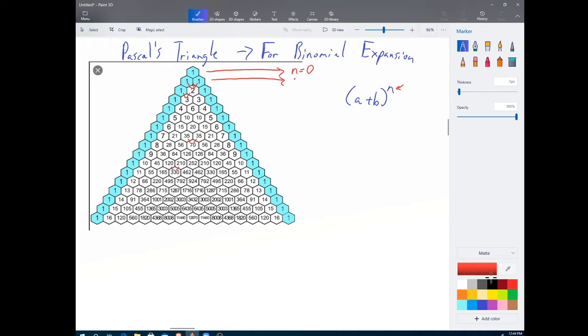This is going to be my n equals 1 row. So let me actually write this out here. a plus b to the 0 power is 1. a plus b to the first power is going to be 1a plus 1b.